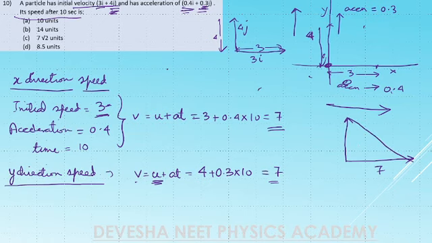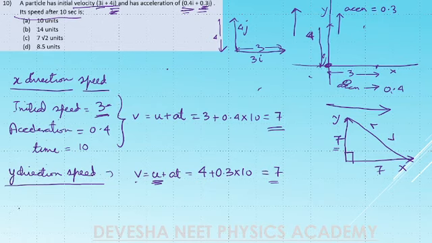So we need to find what will be the resultant of this. Basically you can imagine a right angled triangle. The base is 7 and the perpendicular is also 7, and this is 90 degrees, with the x-axis and the y-axis. So we need to find out how much this will be. This is very simple.